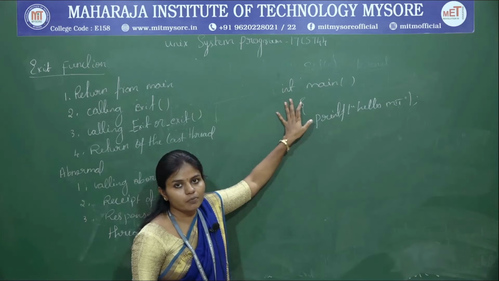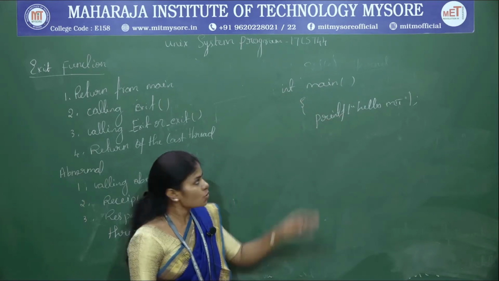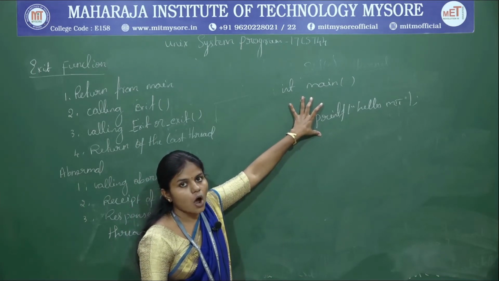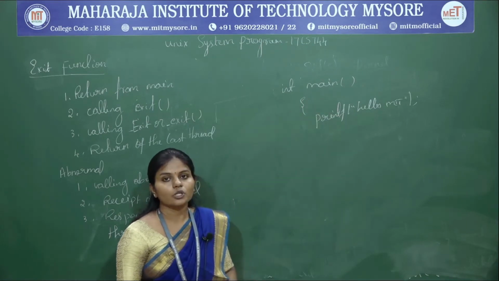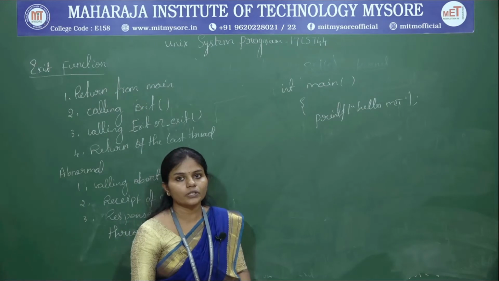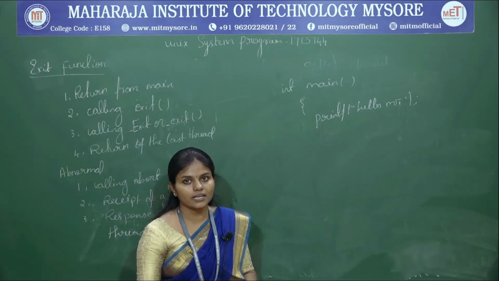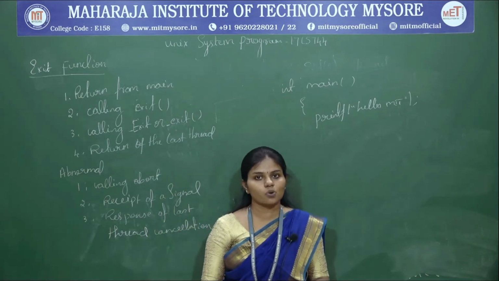So this is the simple program: int main, printf hello MIT. Now I have to terminate this program, right? How do we terminate this main program? When you press the run button, it internally creates a process, right? The program under execution is what we call a process, right?